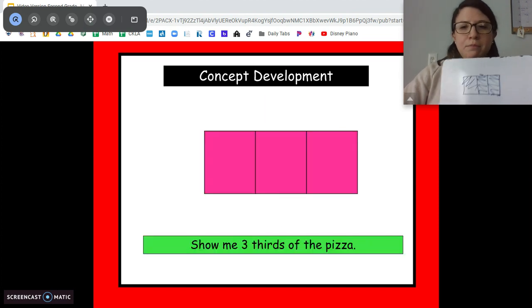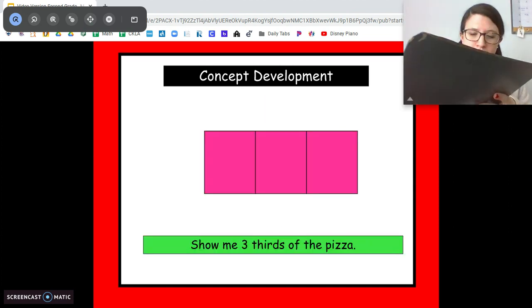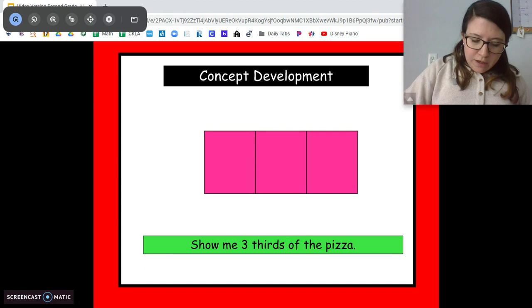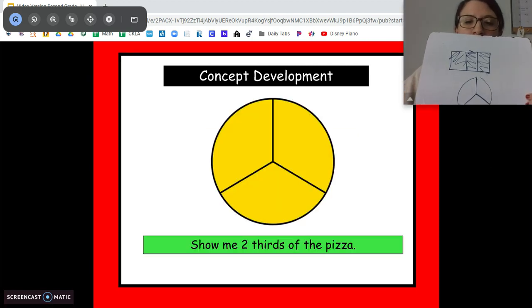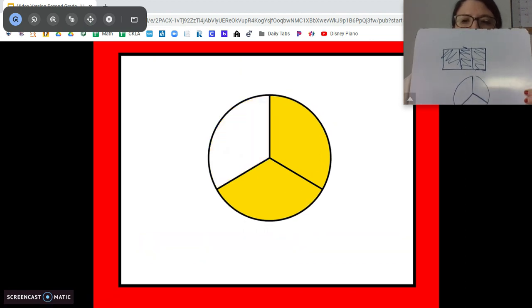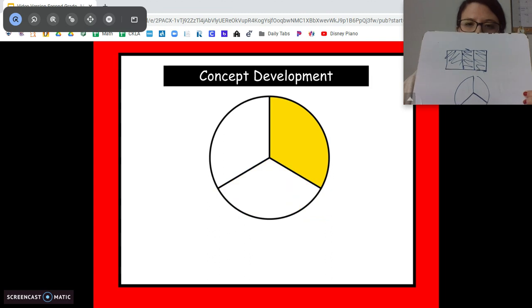All right. Pizza time. Whoop. This is a little bit harder to draw, but I want your pizza broken into 3 equal shares. Broken into thirds. All right, show me 1/3. Oh, nope, show me 3/3. Show me 2/3.